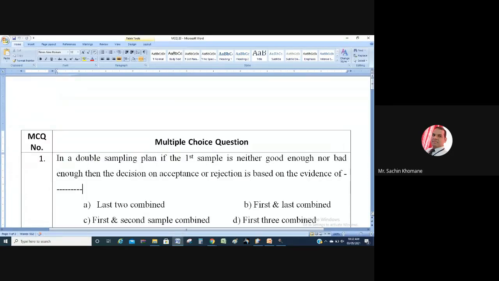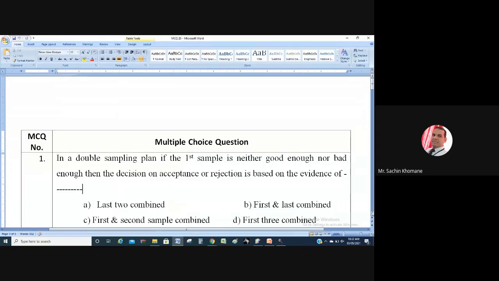In a double sampling plan, we are going for only first and second. Okay. So the answer is first and second sample combined. That evidence will tell you whether the compound is accepted or rejected.